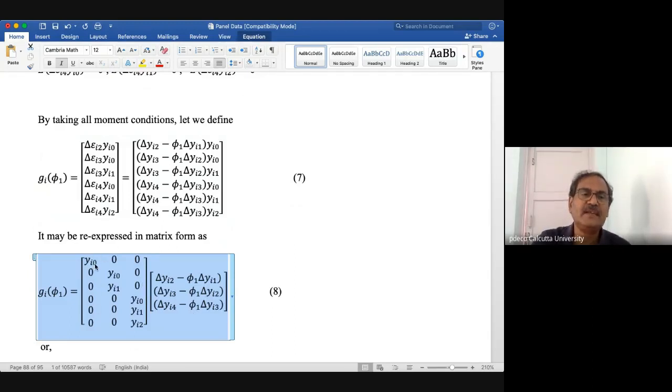First column relating to t is equal to 2, second column relating to t is equal to 3, third column relating to t is equal to 4. In the first column, we have only one instrument, yi0, for t is equal to 2. In the second column, we have 2 instruments, yi0, yi1, for t is equal to 3. In the third column, we have 3 instruments, yi0, yi1, yi2, for t is equal to 4.